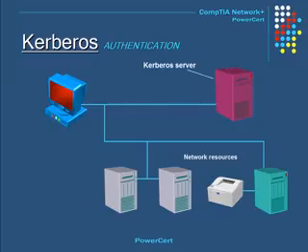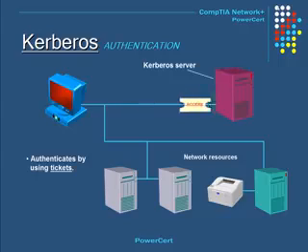Kerberos is an authentication protocol that was developed by MIT, and it authenticates by using tickets. In order for a client to access network resources, it first authenticates itself with the Kerberos server. Then after authentication, the client is issued a ticket, which then gives the client access to the network resources.